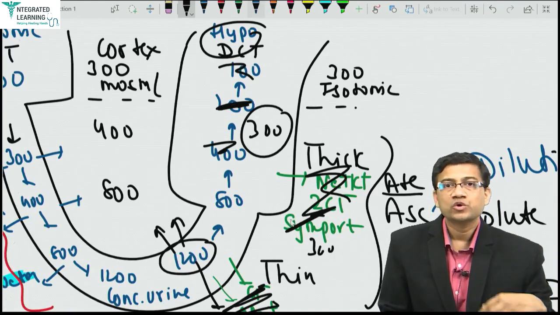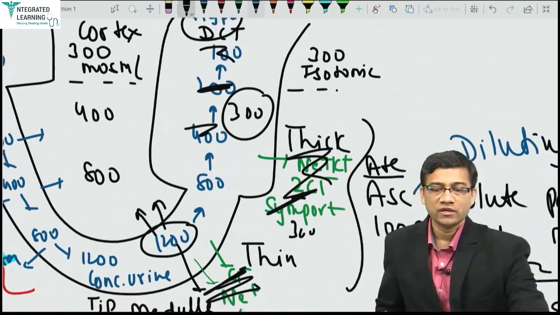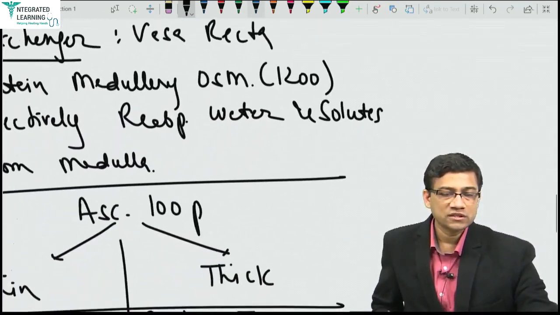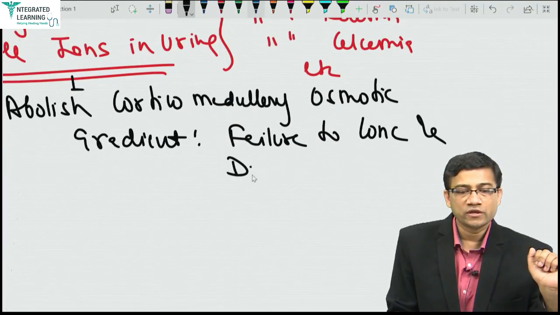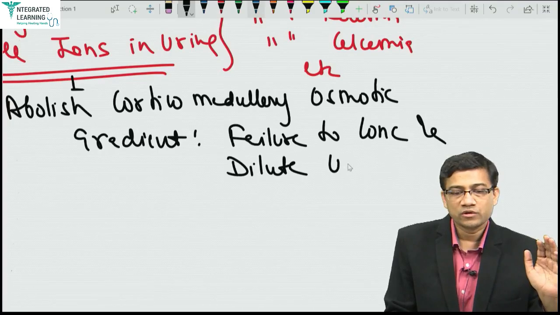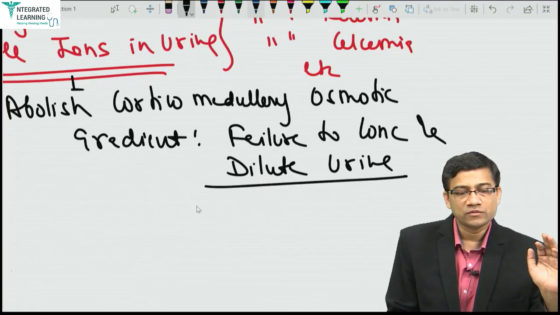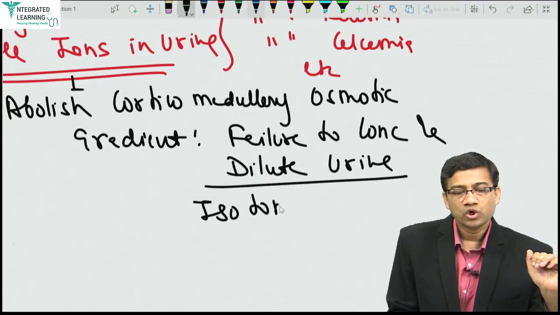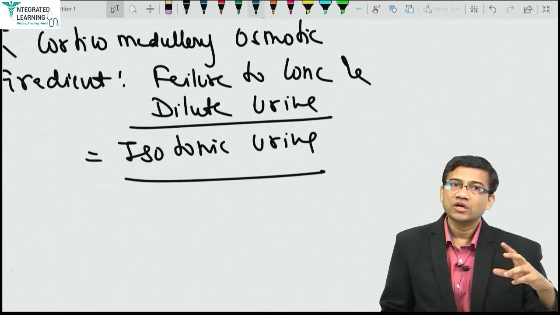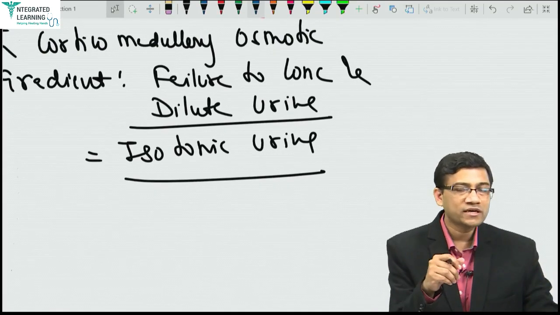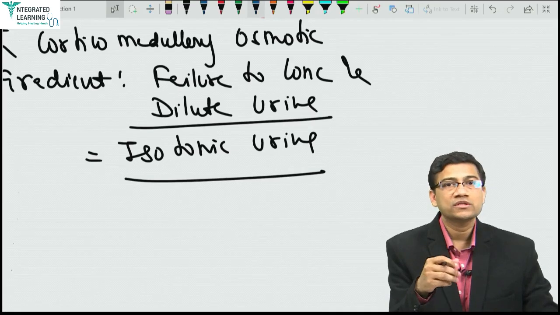Ultimately, you fail to concentrate and dilute the urine. So what kind of urine is formed? Isotonic urine is formed, just like plasma. So it looks as if someone is losing plasma in urine, called isotonic, because you can't concentrate and you can't dilute the urine as well.